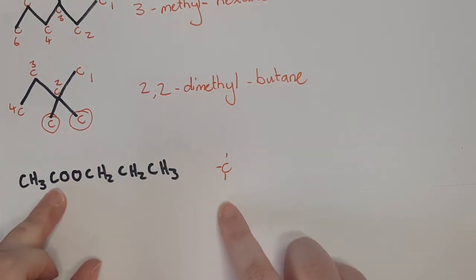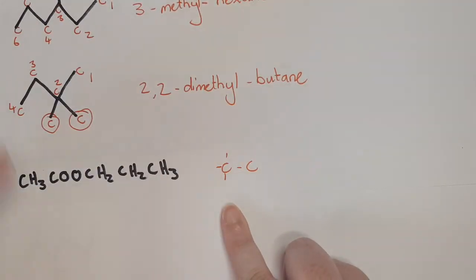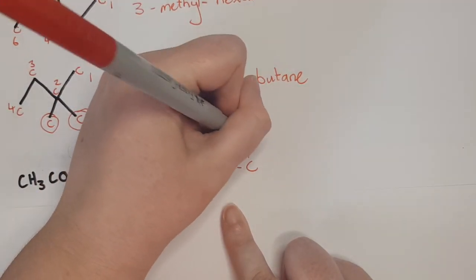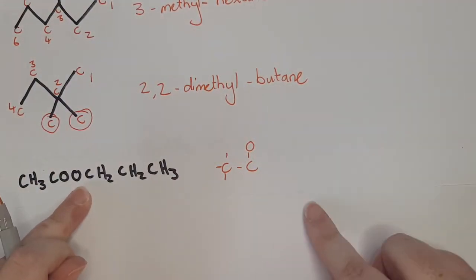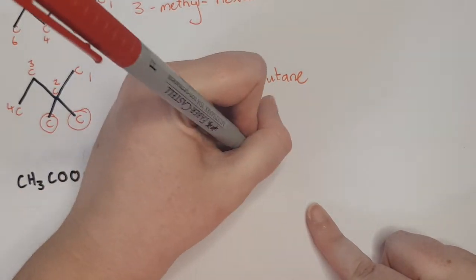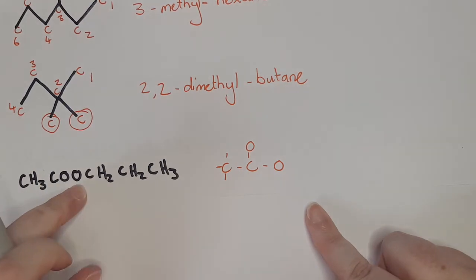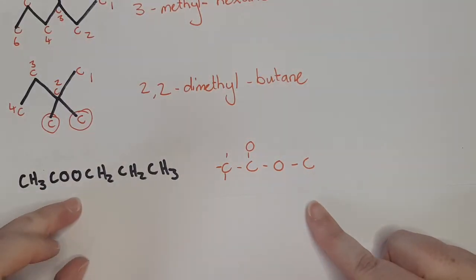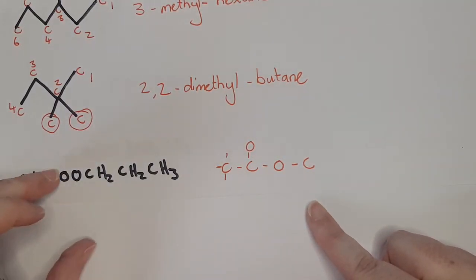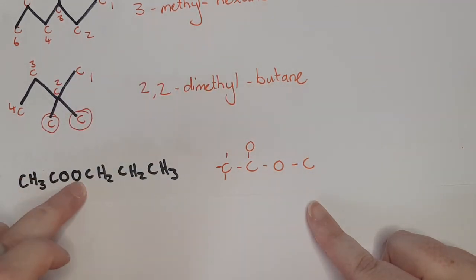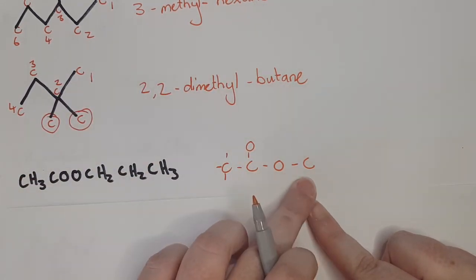Now I've got a C attached to that previous one, which is then attached to an O and another O. Okay, so we draw one up and one forward because that O is then going to be attached to the next carbon because it's not in brackets. So it doesn't mean that both of those are going to be up or down. That one is then going to be in the middle.